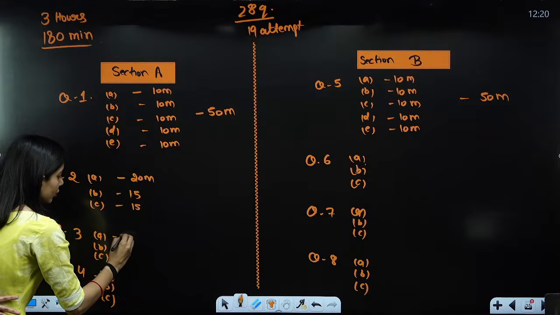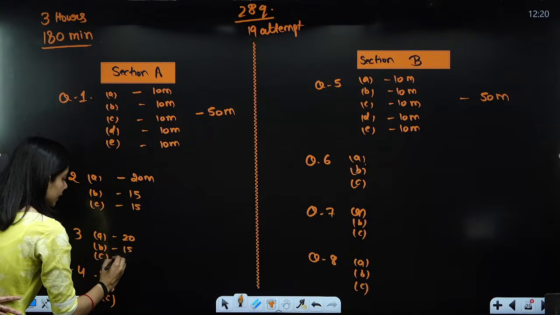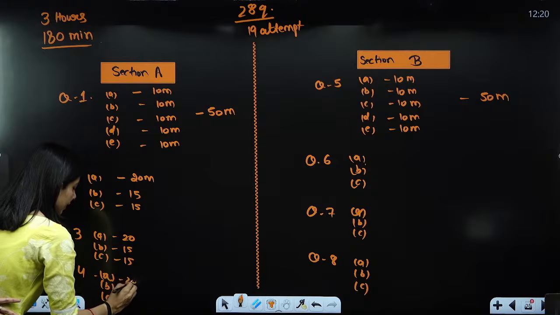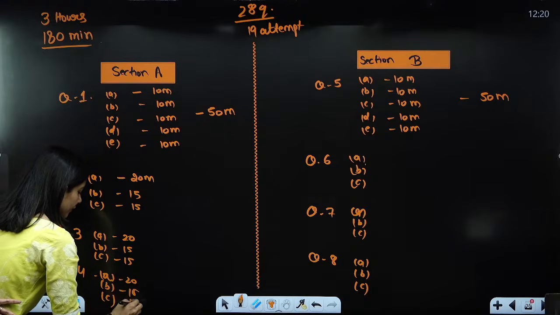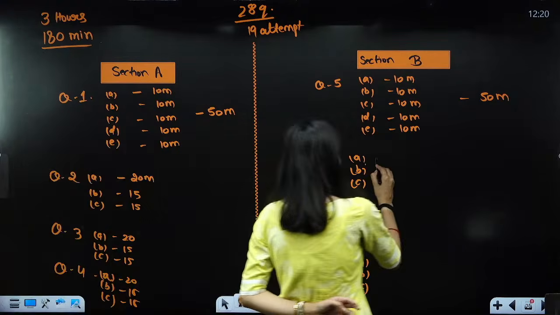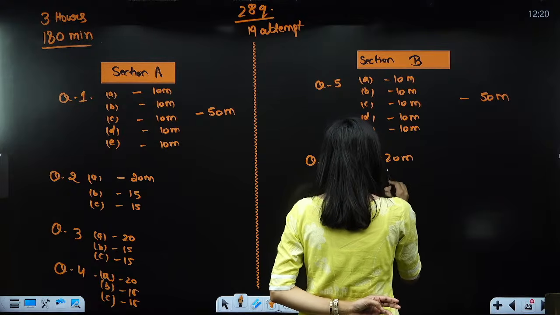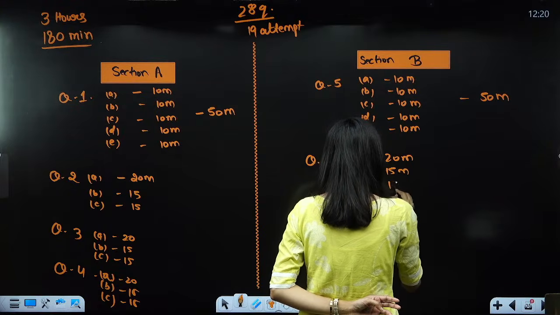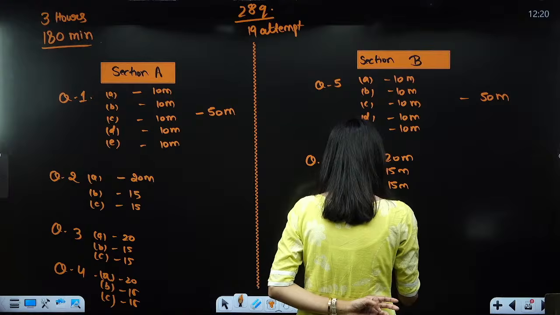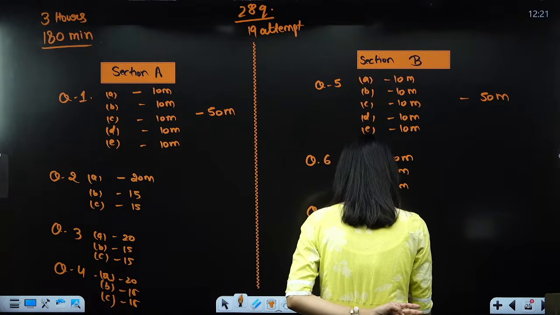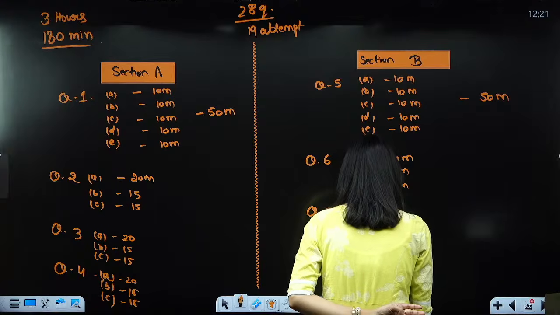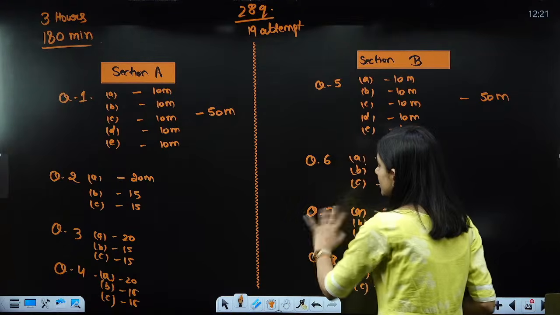So again 20, 15, 15, 20, 15, 15 here also. This is the basic pattern.